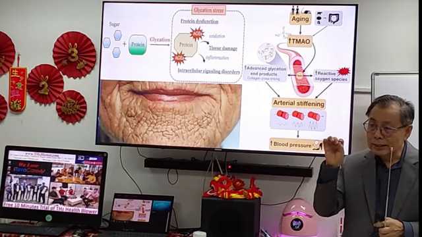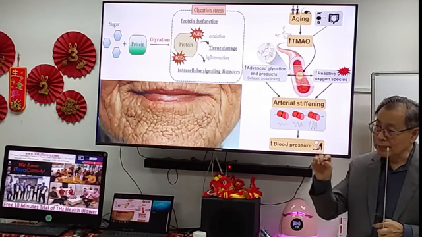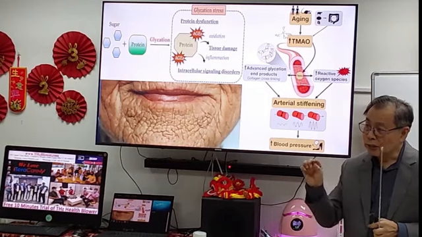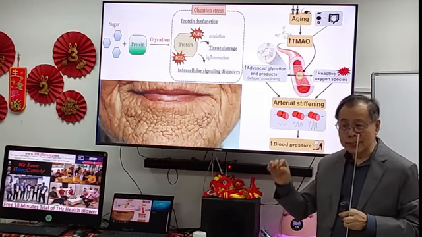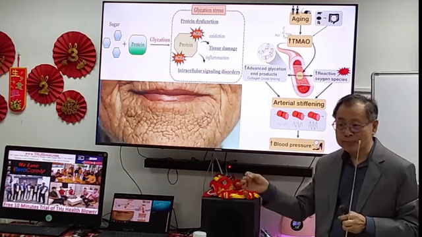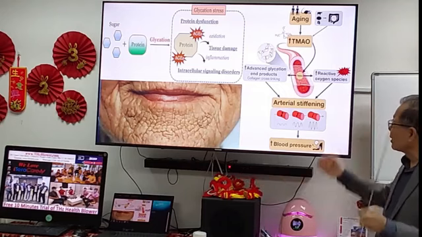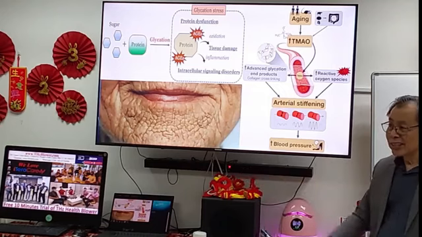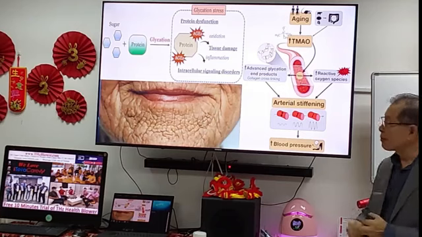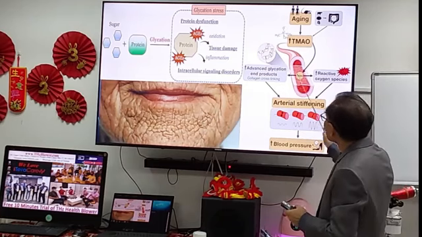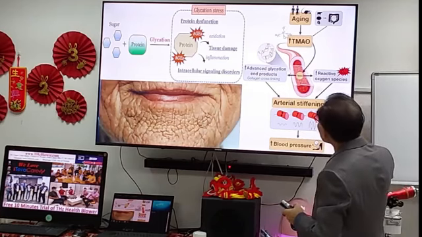And in your cells, there are receptors that are sensitive to ROS. So if ROS is a small amount, your cells get activated to do something. But when ROS gets too much, then it really does a lot of harm. So glycation.